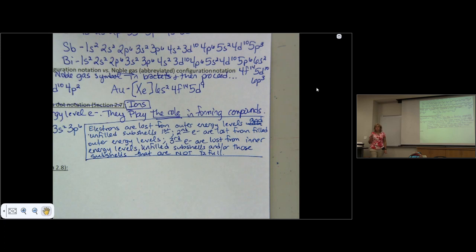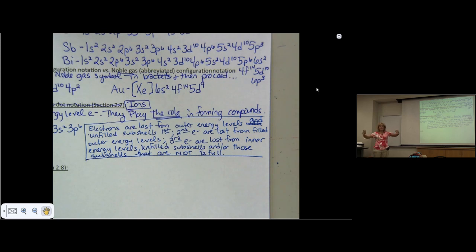The first place you will lose electrons is outer energy levels, unfilled subshells. That's like taking your coat off first. That's where you lose them first. Then you can lose them from outer energy levels that have a full subshell.